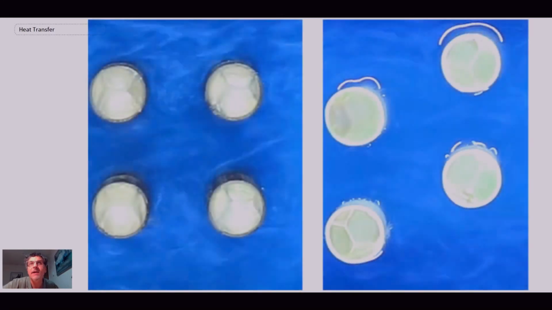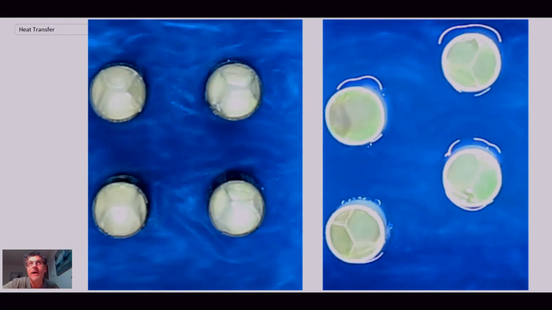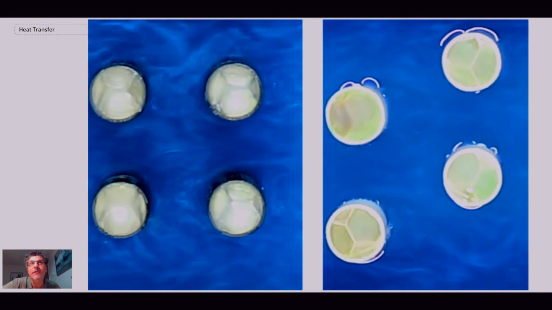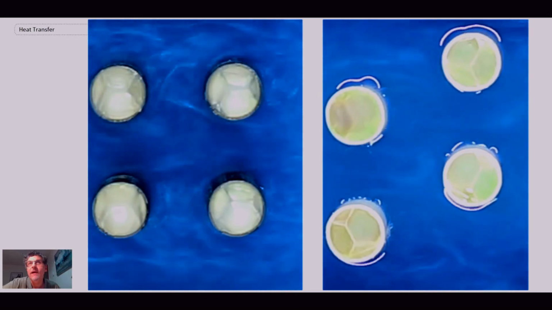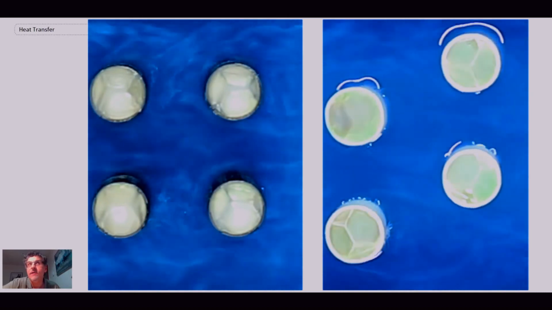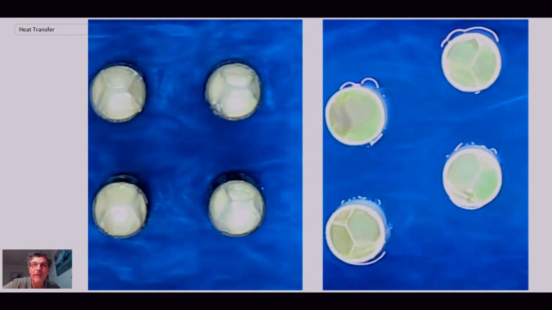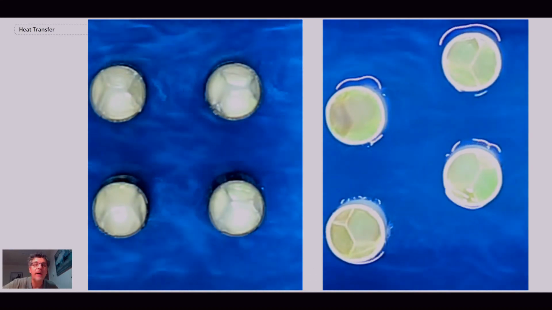It then becomes instructive and interesting to compare the aligned on the left and the staggered on the right. That's where you can see more prominently the large recirculation zone between the tubes for the aligned, and smaller recirculation zones and significant changes in flow direction when we have staggered tube bundles.